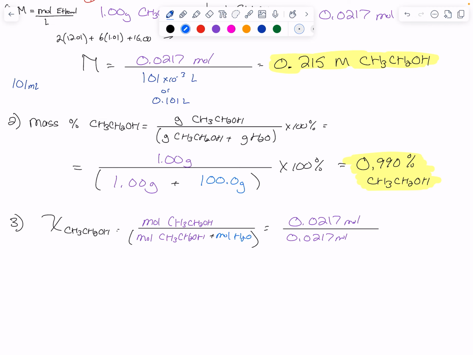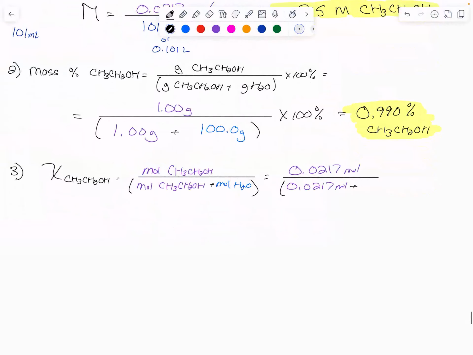Moles of water. Well, I don't have moles of water. I have grams of water. So here we go. 100 grams H2O, and 18.02 grams of water is 1 mole. So that gives me 5.56 moles of water.